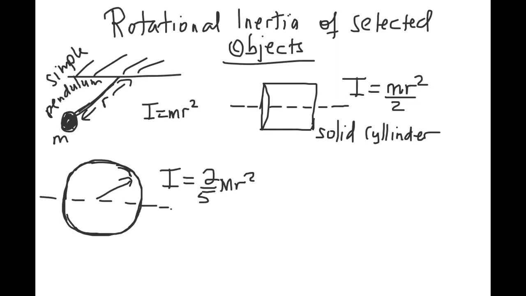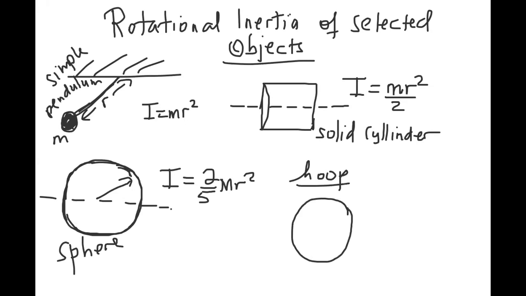So we have also a case of a hoop. Well, this one is a sphere, remember? If we have a hoop, how can you draw a hoop? A hoop usually can be drawn like this. That's the hoop.